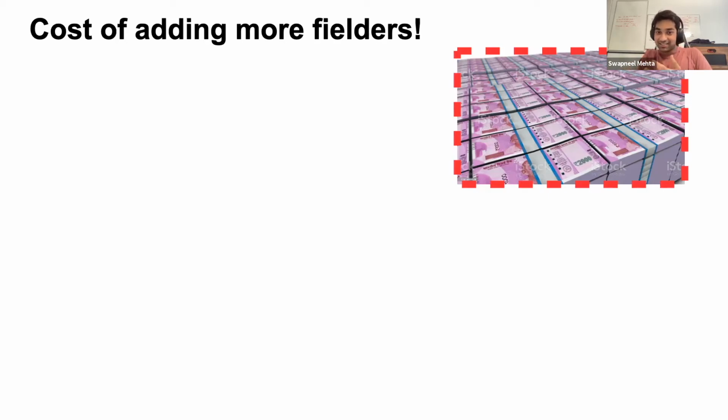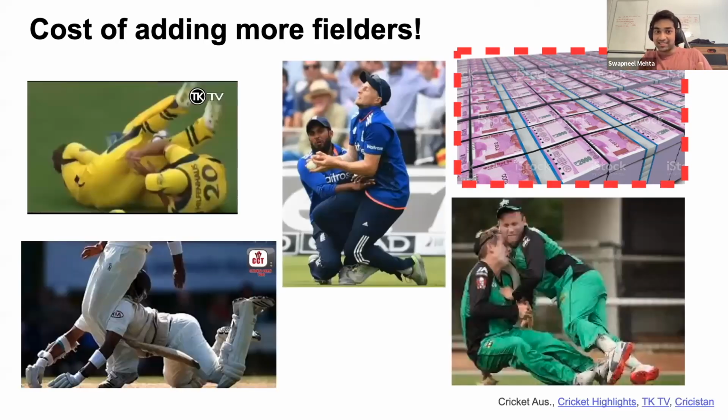Another slightly less obvious cost is that these fielders are not necessarily going to behave optimally, right? There are going to be some collisions on field. If the ball goes off and people are running towards the ball, they tend to not really field well. Especially with hundreds of people on the pitch, this is going to be a problem.